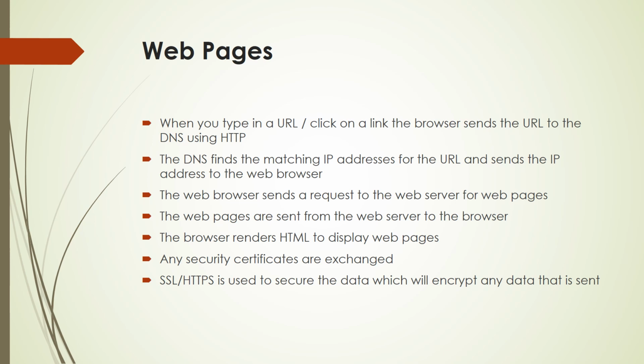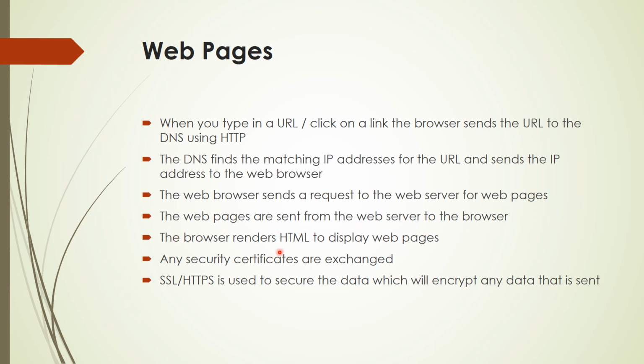Next, web pages. So web pages is basically when you type in a URL or click on a link, the browser sends the URL to the DNS using HTTP. Basically, a web page is a single page of a website. The web browser sends a request to the web server for web pages. Web pages are sent from the web server to the browser.